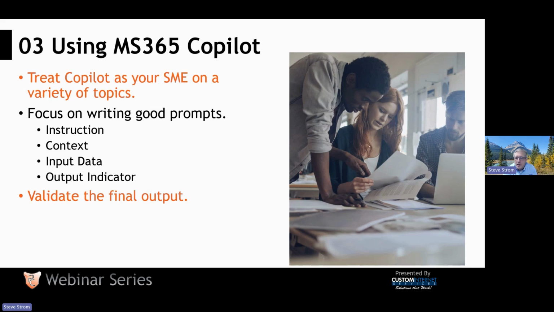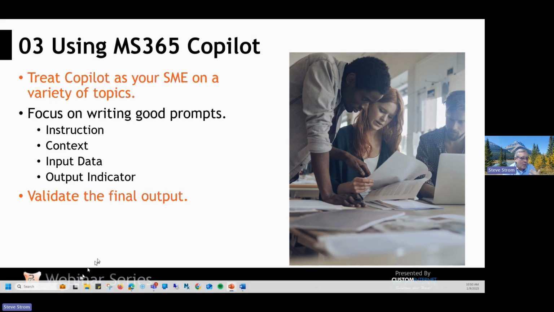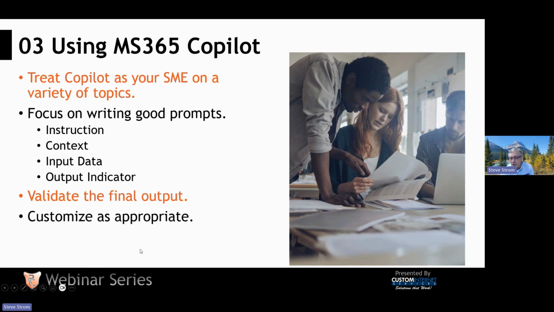All those questions come into play. And then we have to take the product that came from Copilot and turn around and customize it as appropriate. Nothing is going to be good just right as it comes, but everything is going to have some kind of tweaking done on it.